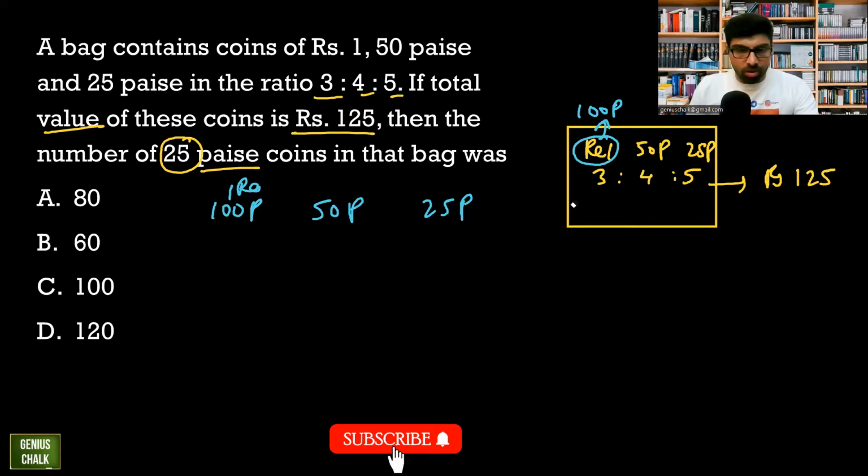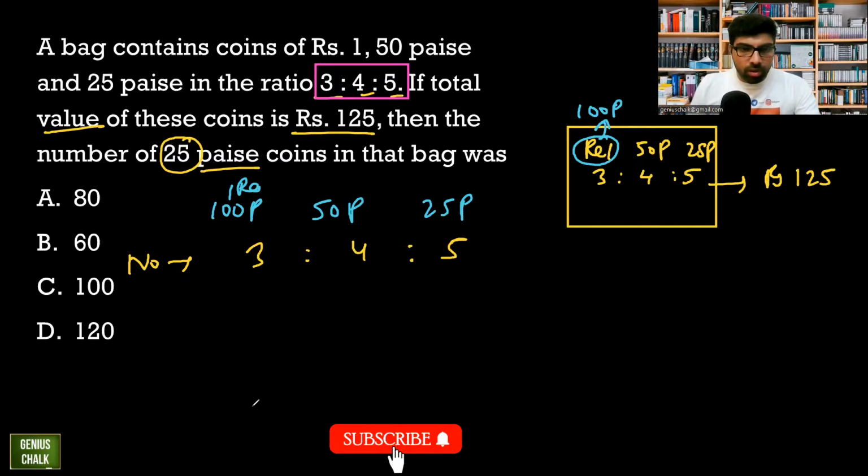Afterwards, write their number ratio. Remember, this is the ratio of their numbers, how many coins are present. 3 is to 4 is to 5 is the number ratio, not the value ratio. So write 3, 4 and 5.